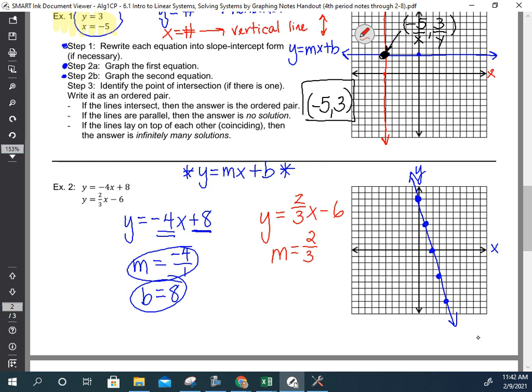But we don't know that the slope is 2/3. So, slope is the number in front of x. Y-intercept is -6. So the slope is 2/3, and the y-intercept is -6.